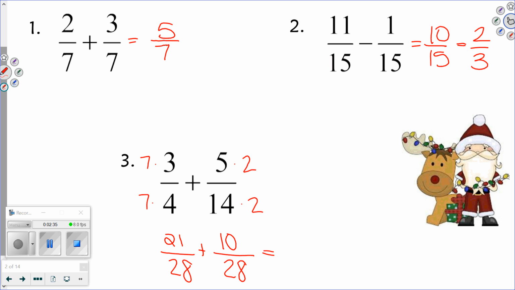So now 21 28ths plus 10 28ths, 31 28ths. Does that simplify at all? No. I know it's improper, but I don't care. Improper is fine. Okay, so try to keep that example in mind as we go through all this.